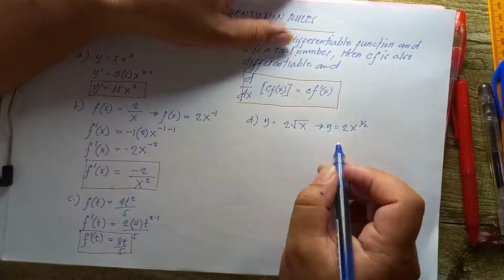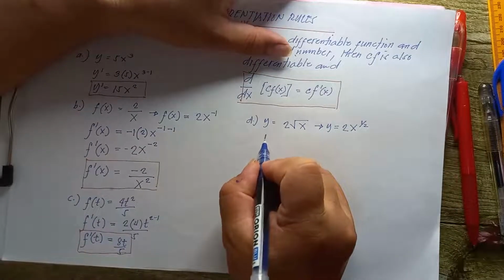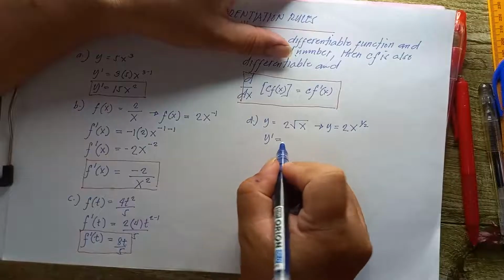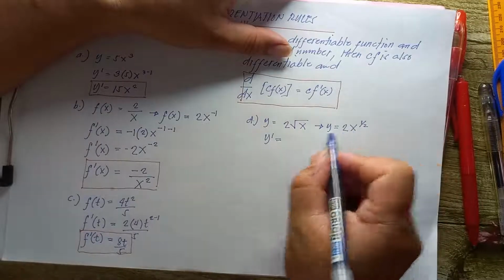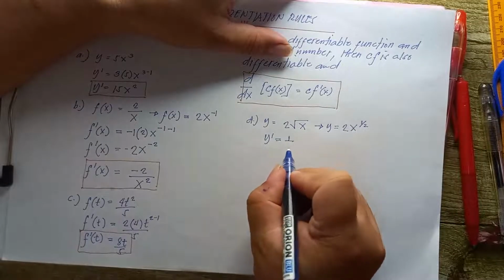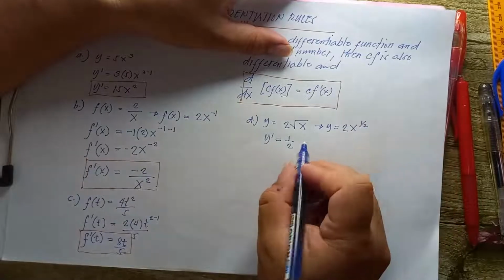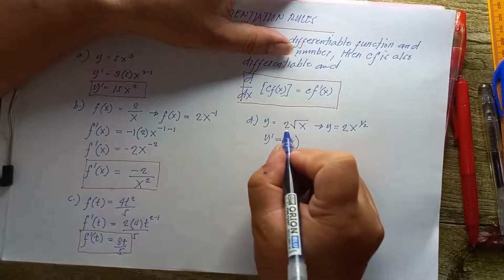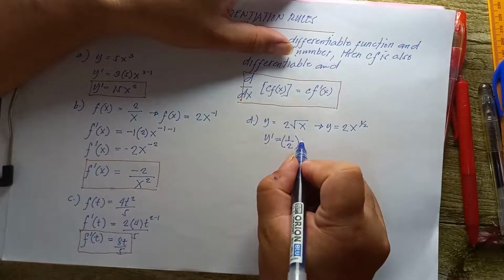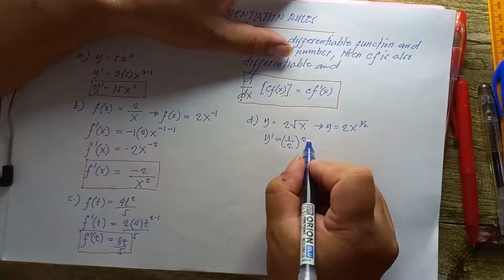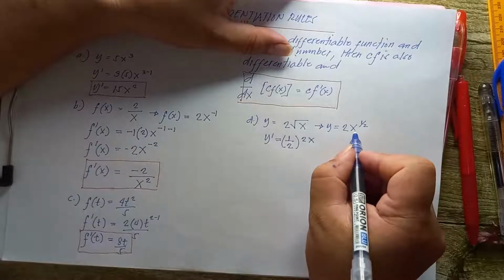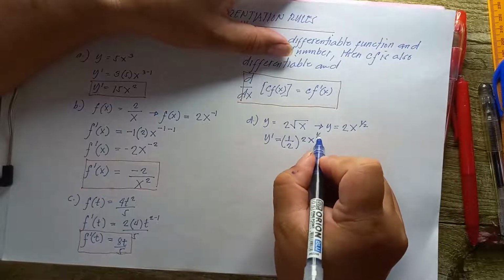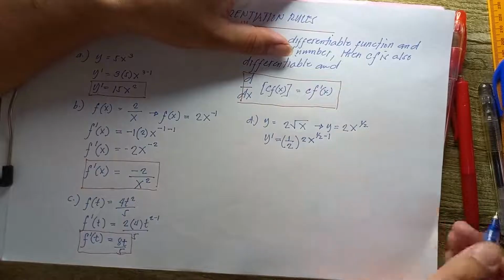So what would be its derivative? We say that y prime is the same as 1/2, which is the exponent, multiplied by the original 2, and of course x raised to 1/2 minus 1.